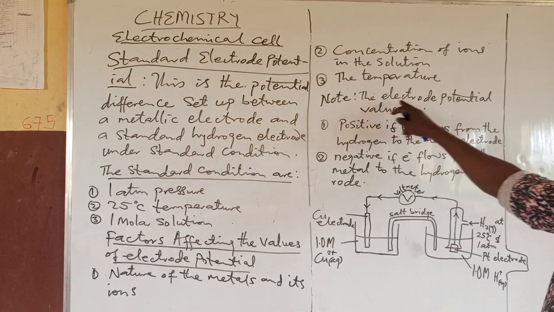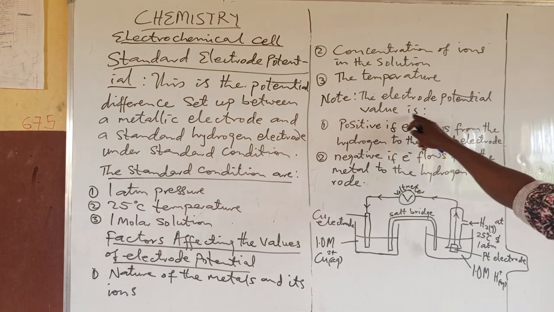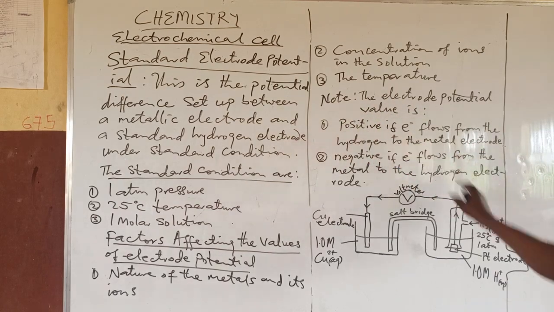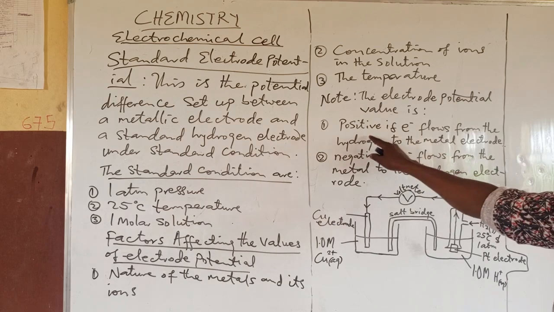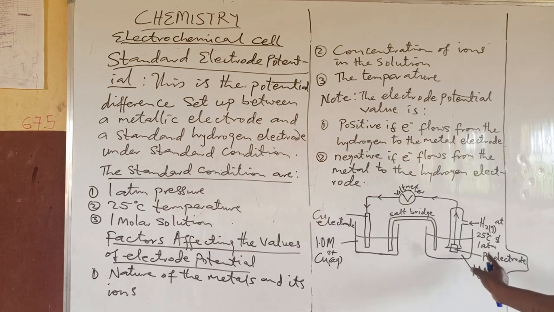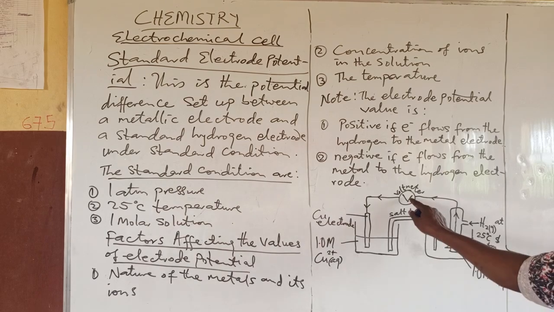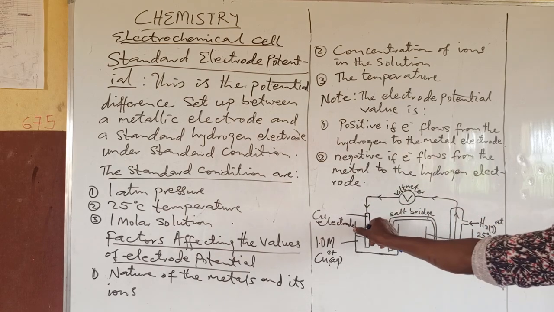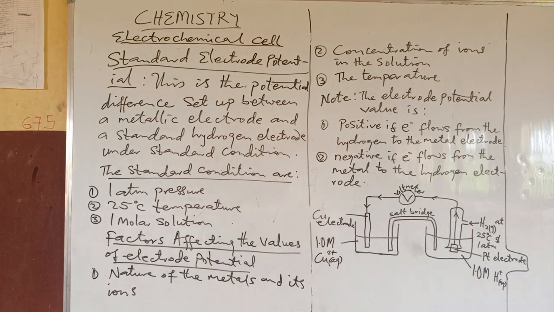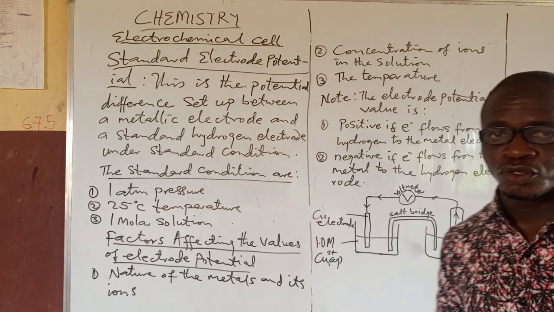Now note, the electrode potential value is 1. Positive, when electrons flow from hydrogen to the metal electrode. 2. Negative, when they flow from the metal electrode to the hydrogen electrode.